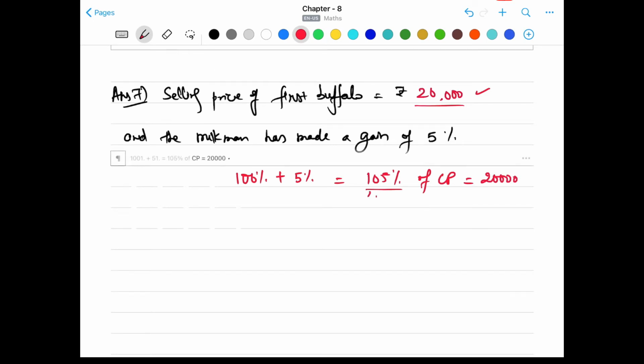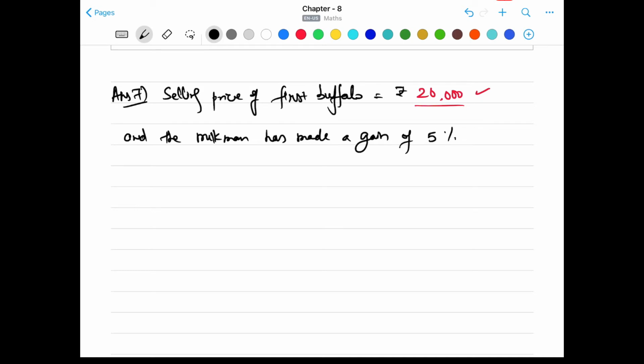Why I have written 105%: because he is making a profit of 5%. So the original price is 100%, add the profit of 5%, and it will be 105% of cost price, which equals 20,000.